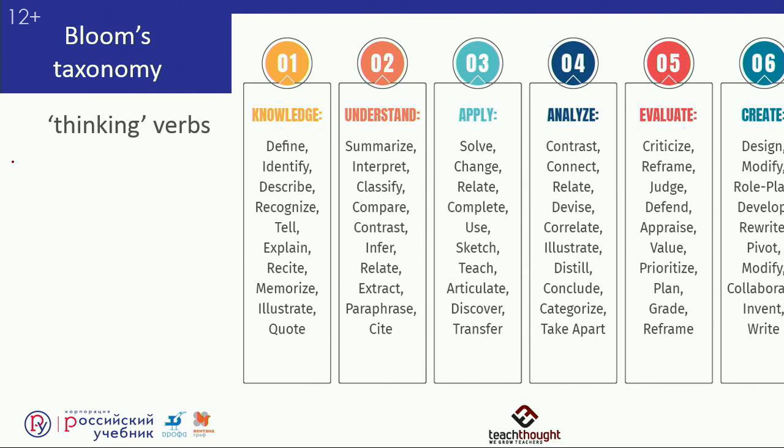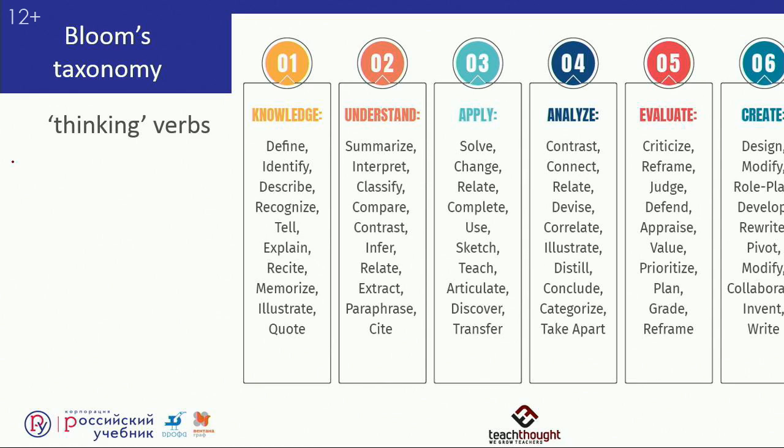For example, instead of knowing something, we can check whether we can assess how well a person knows something by asking them to define something, to identify something, to describe something, to recognize, to tell, to explain, and so on and so forth. Understanding can be checked through summary, interpretation, classification, comparison, application by solving, changing, transferring some information, analysis by comparing, contrasting, connecting, and so on and so forth.